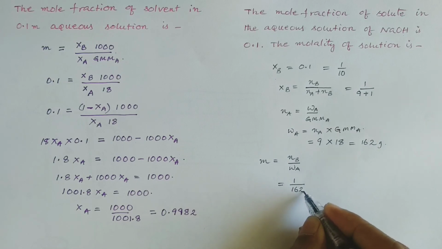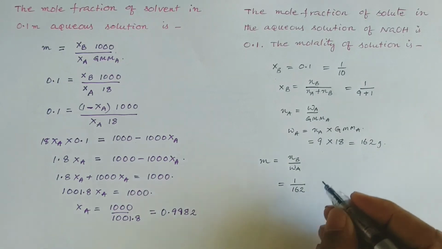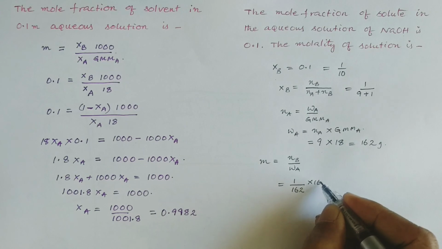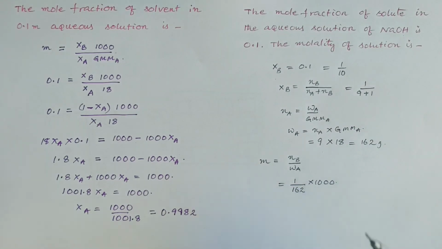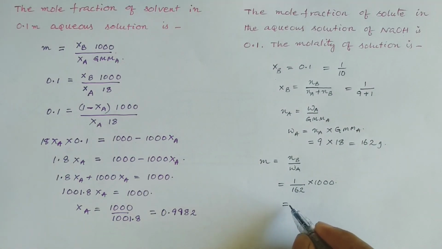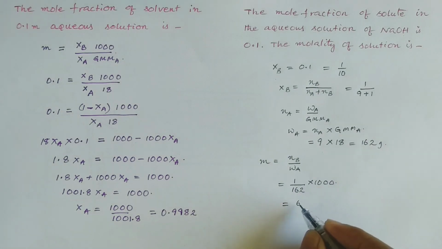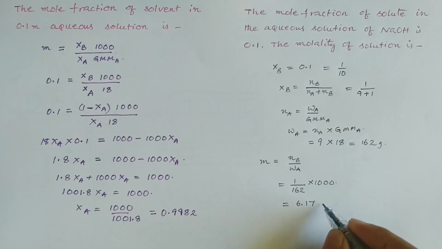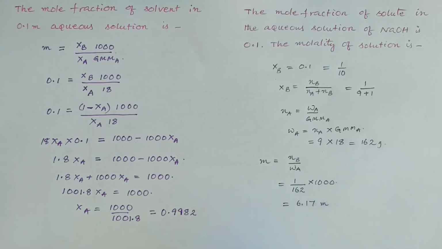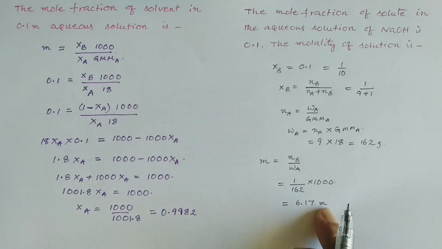So this is mass of solvent in gram divided by 1000. Okay, so 1000 by 162. Now calculate. You will get 6.17 mole per kg, or molality of the solution is 6.17, right?